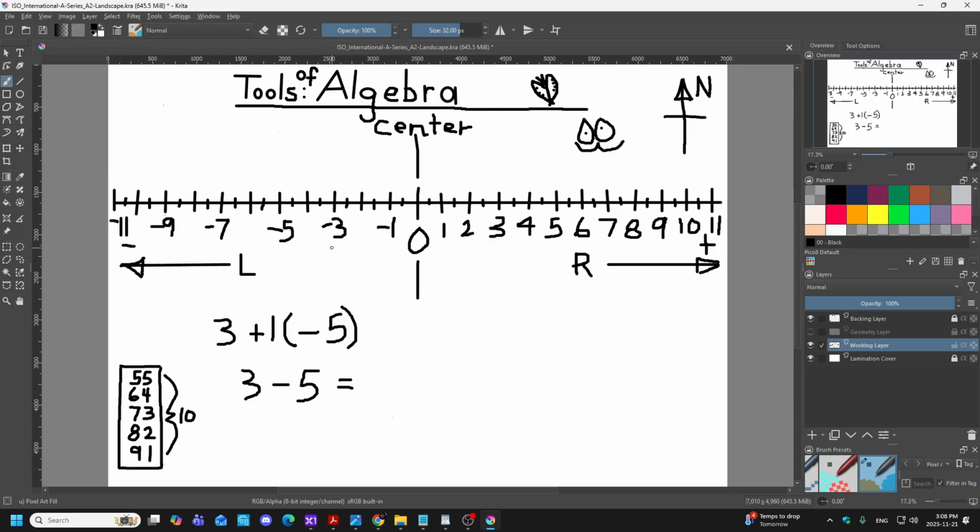Okay? Let's look at it from the number grid. So we'll start at 3. Recall, we're going left because left is negative, right? So 5 jumps. 1, 2, 3, 4, 5. That puts us in the negative area, negative 2.